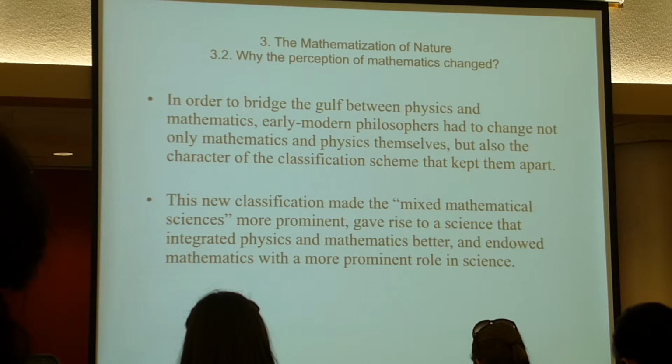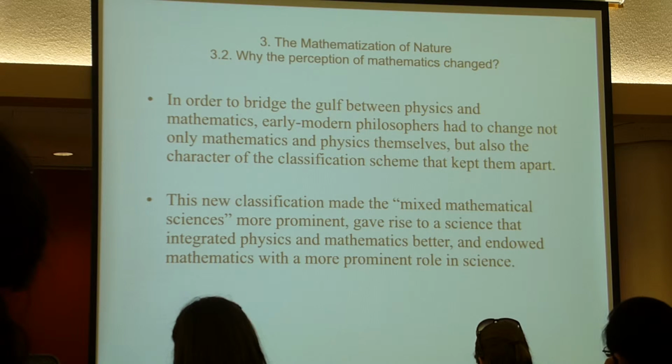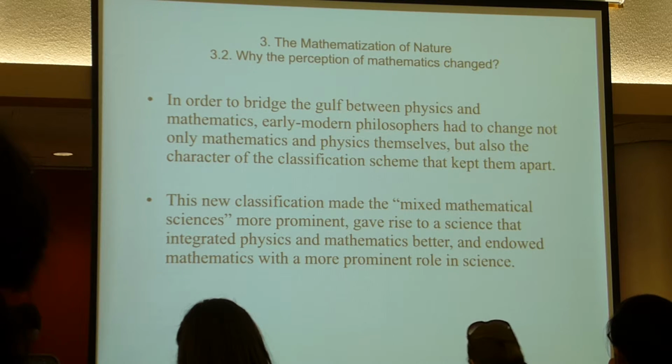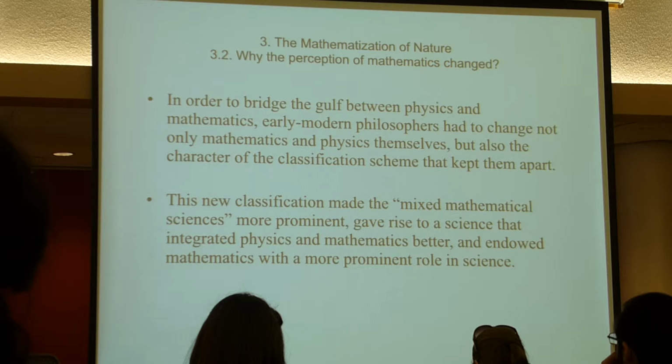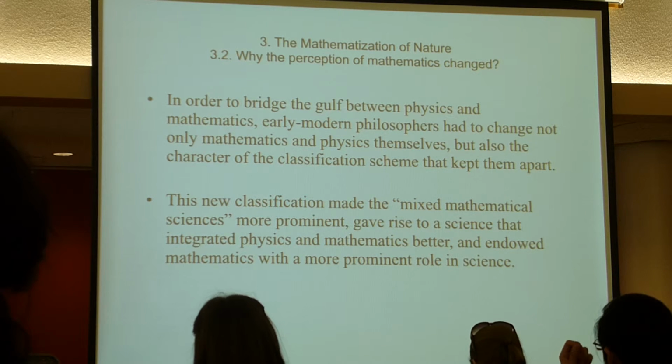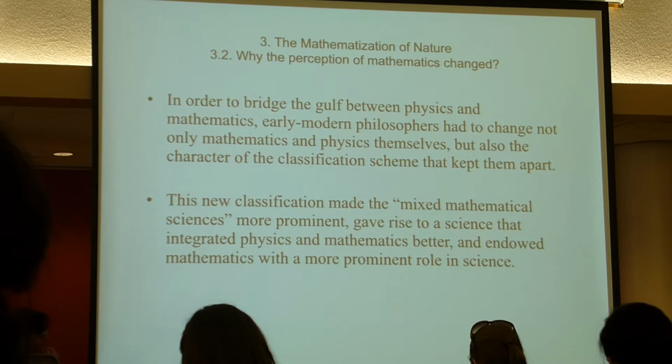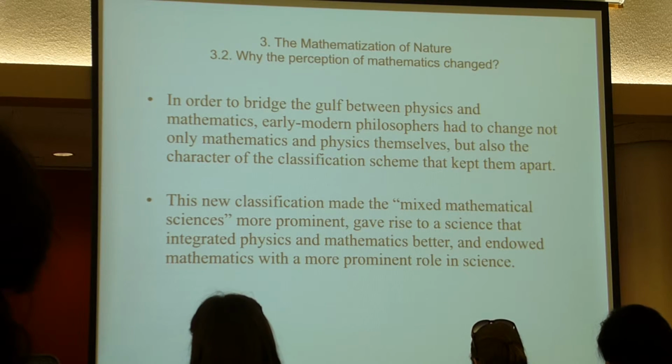And in the new classification, those mixed mathematical sciences like astronomy became more prominent, like mechanics in a sense. And they gave rise to a science that integrated physics and mathematics better. And obviously it made mathematics more prominent. And the mathematician.